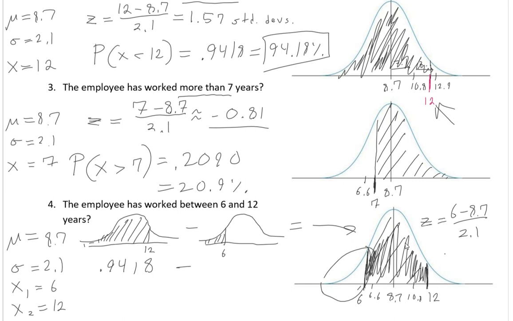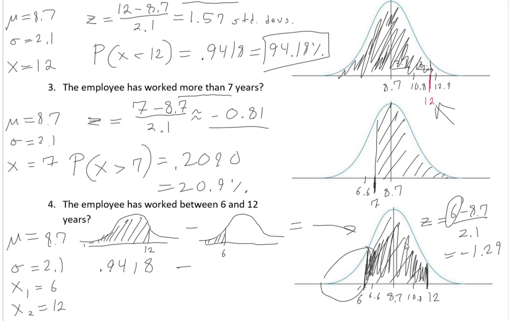Notice in all these cases, the only number I'm iterating on is this first value, x. So if we do 6 minus 8.7 and divide that by 2.1, we get negative 1.29 approximately.